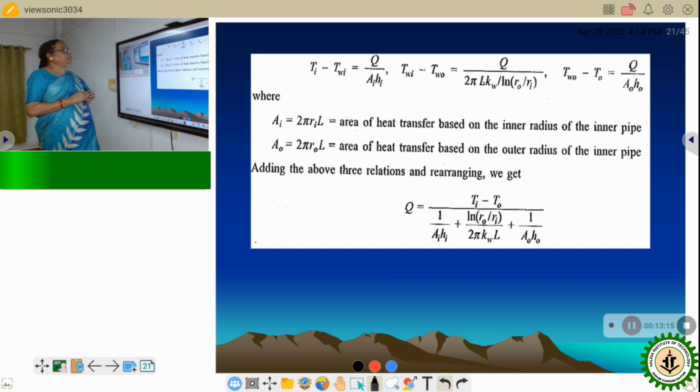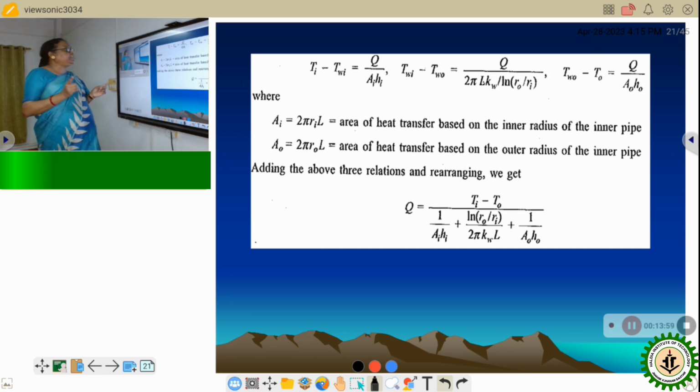And this equation can also be written in terms of the relation between the temperature of the inner wall and the outer wall: Q by Ai hi is Twi minus To, Q by 2 pi L Kw is ln of Ro by Ri, and Tw minus T2 is equal to Q by Ao ho, where Ai is equal to 2 pi Ri L, the area of heat transfer based on the inner radius of the inner pipe, and Ao is equal to 2 pi Ro L, the area of heat transfer based on the outer radius of the inner pipe.